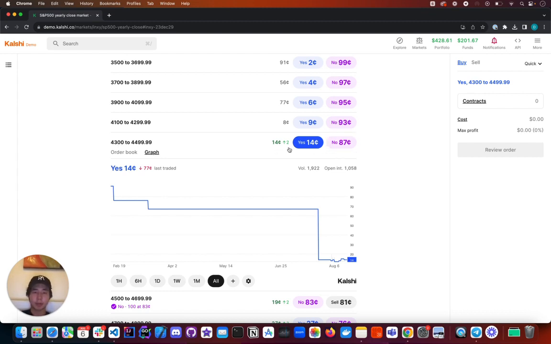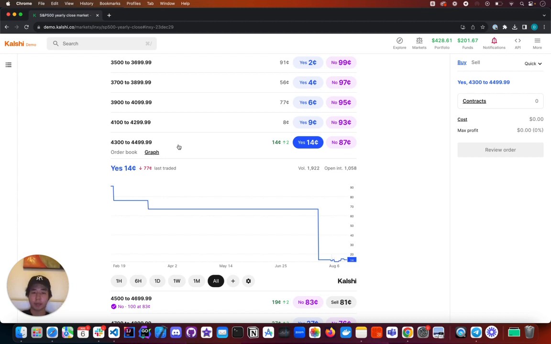And the reason why these prices represent probability is because at market close, if you're owning, for example, a correct contract on the yes side here, by the end of 2023, if it does turn out that the S&P finishes between 4,300 to 4499.99, that correct contract will turn into $1.